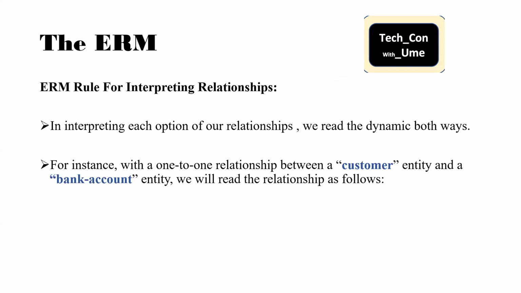Now, we have an ERM, or entity relationship model rule for interpreting relationships. In interpreting each option of our relationships, we read the dynamic both ways. For instance, with a one-to-one relationship between a customer entity and a bank account entity, we will read the relationship as follows.